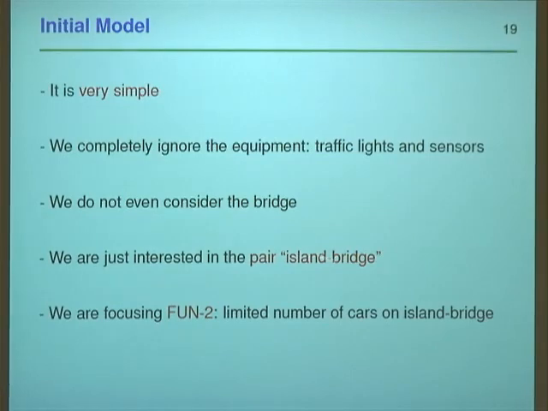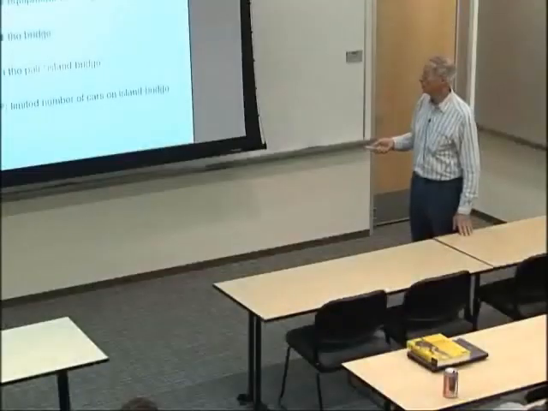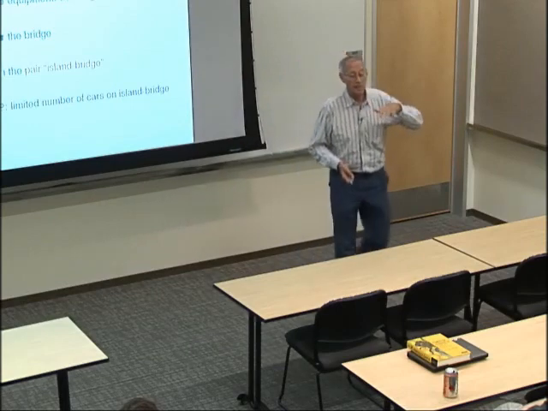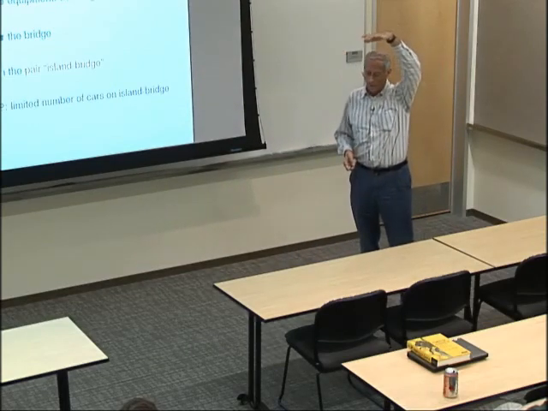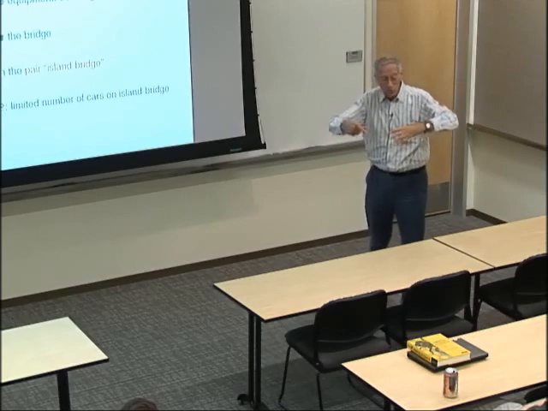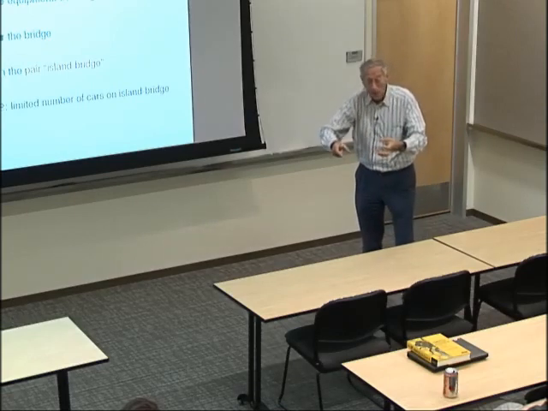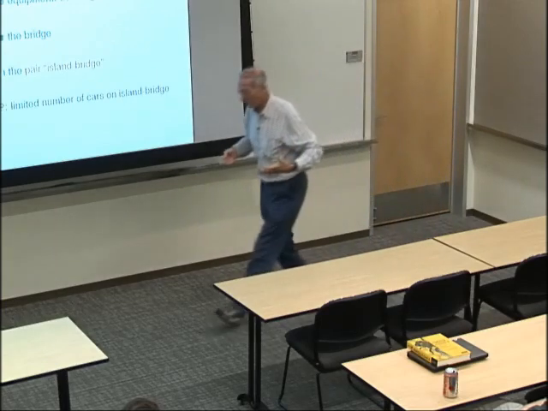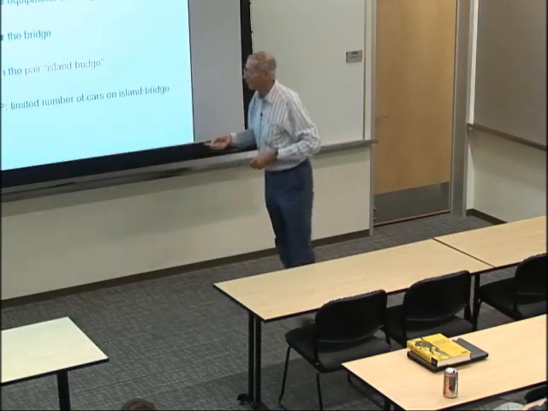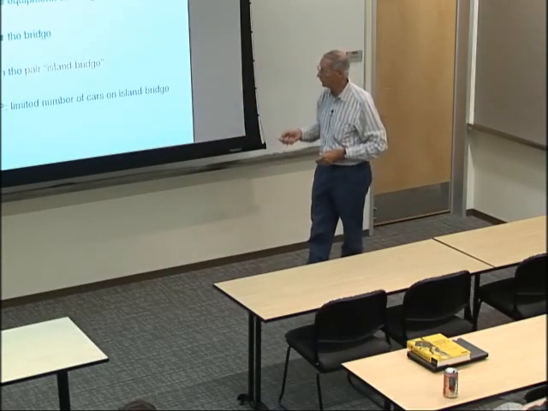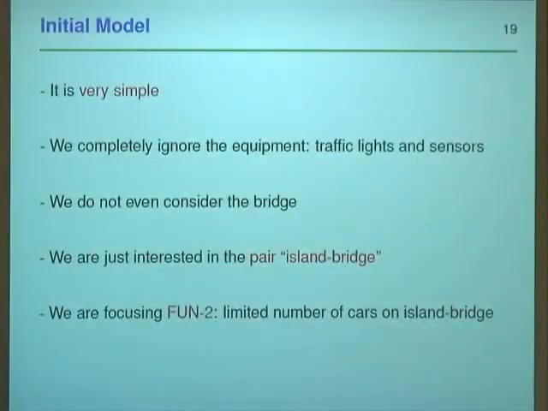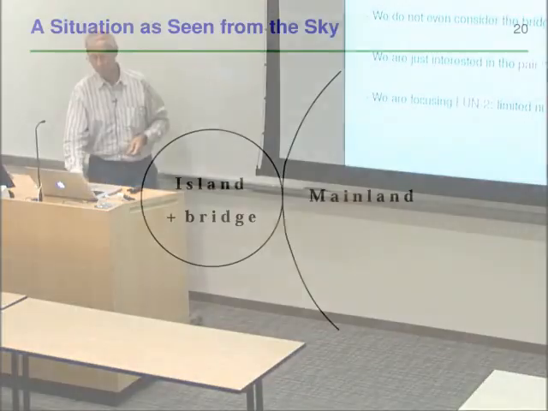We are just interested in the pair island-bridge, and we are focusing on fun2, limiting the number of cars on island-bridge. The paradigm is that we are very high in the sky, and we do not see the bridge. We just see the mainland and the island, and we want to define something that will take into account fun2, that there is a limited number of cars on the island-bridge. That's the idea of the initial model.